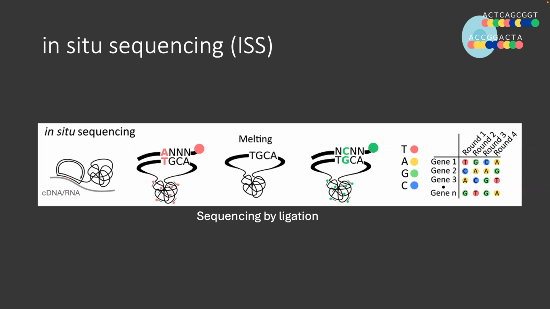And if you see that the red probe binds, you know that there must be a T at this position. Then you melt these probes off, strip them off, and then you do a next cycle where you now have your determined nucleotide in the second position. And then after a while, you can reconstruct the nucleotide sequence.